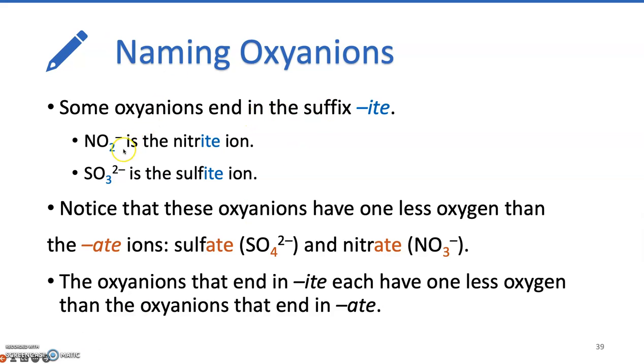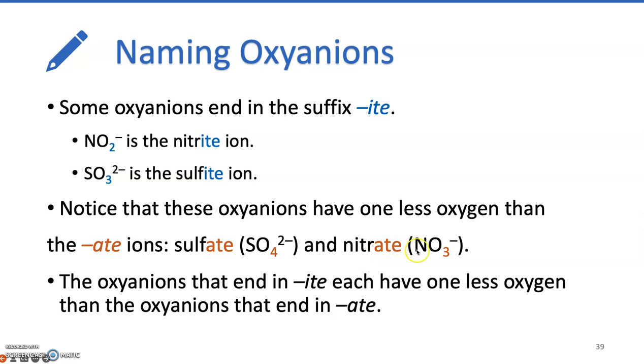Now, some anions end instead with the suffix ITE. For example, NO2 minus is the nitrite ion, SO3 2 minus is the sulfite ion. You notice that the ITE oxyanions have one less oxygen than the ATE ions. For example, sulfate has 4 oxygen; when it becomes a sulfite ion, it has one oxygen less, only 3 oxygen.